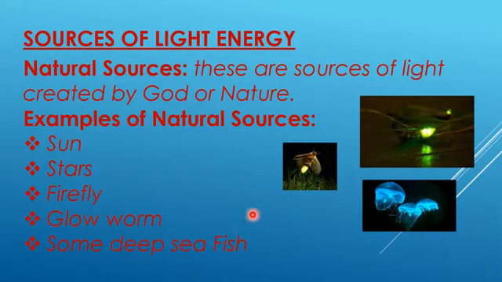Now, before we move on, you have to understand that all the examples here are direct sources of light. However, moon, even though a natural object, is not a direct source of light.